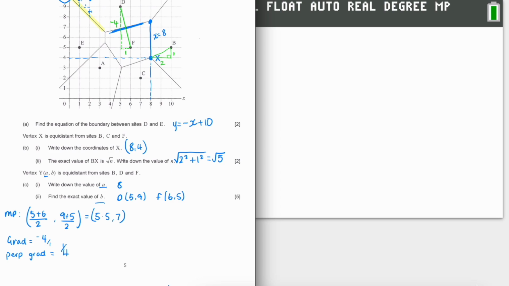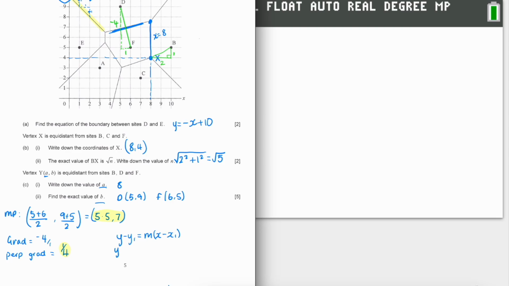So now that I know the new gradient, which is 1/4, and we know that it goes through the midpoint, which is 5.5, 7, I can put that into what I like to call the cool formula: y minus y1 equals m(x minus x1).